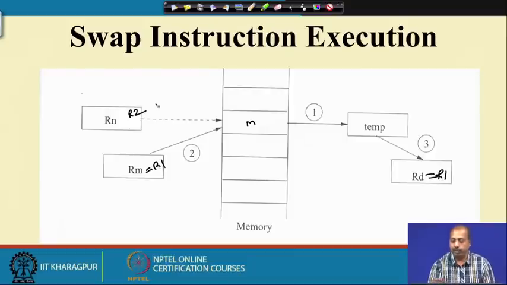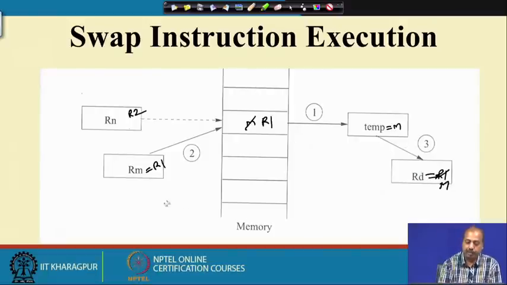After the first operation the temp will be equal to M. After the second operation this memory location will get the content of R1, and after the third operation Rd will get the value of temp, that is M. So, what has happened effectively is that the R1 register and this memory location content have got exchanged.